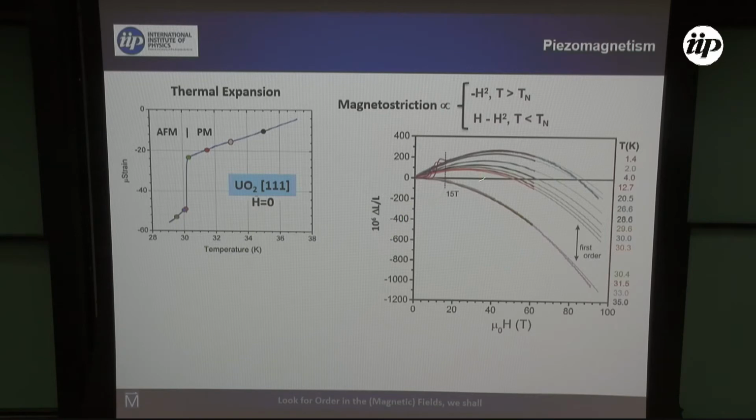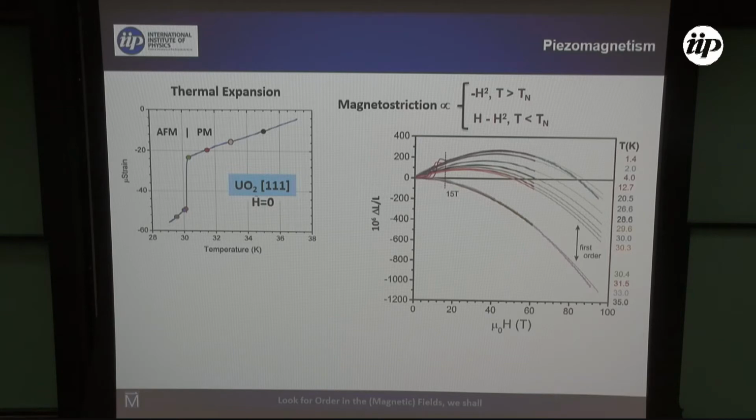I'm not going to speed up right now because I have another half a talk to give on the other compound. But in the paramagnetic state, we see a quadratic magnetic field dependence of the lattice parameter, and this is what you would expect. We did these measurements all the way to 92.5 Teslas. And this is the first surprise.